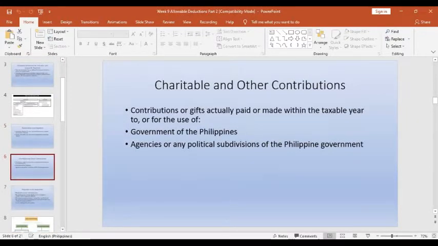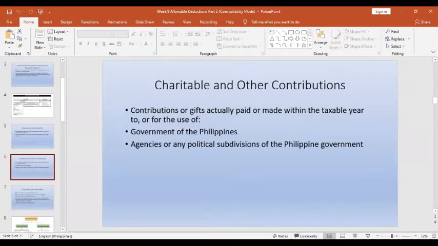The 7th itemized deduction is the charitable and other contributions. The charitable contribution is a form of a gift or a form of a donation of the taxpayer to the recipient. The recipient is the donee.